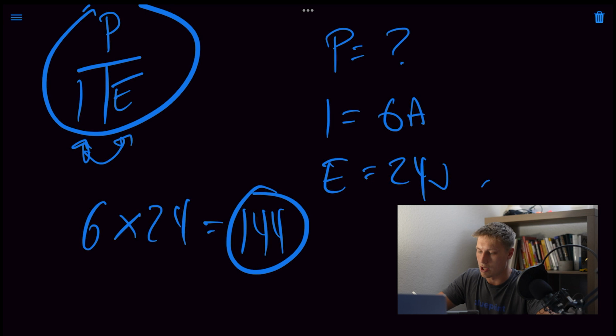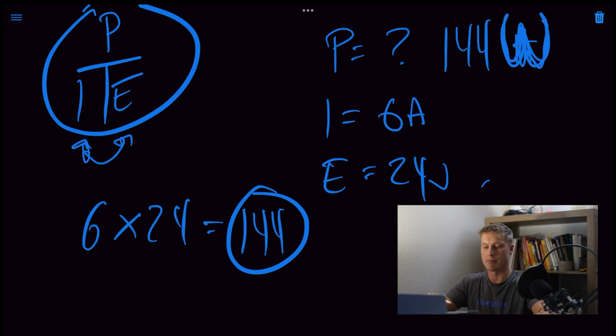So P equals 144 watts, my bad, I got my units mixed up. So you can use those equations, E over IR and P over IE, to figure this out. P equals power or wattage, E equals voltage, I equals current or amperage, and R equals resistance or ohms. Just knowing at least those four things is pretty key.